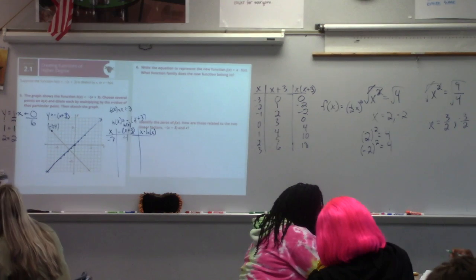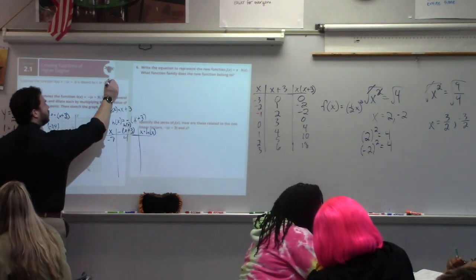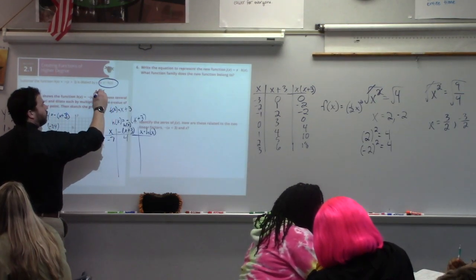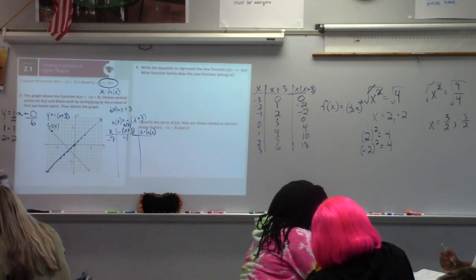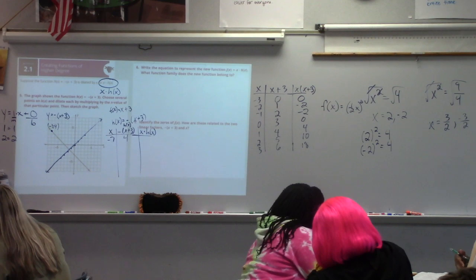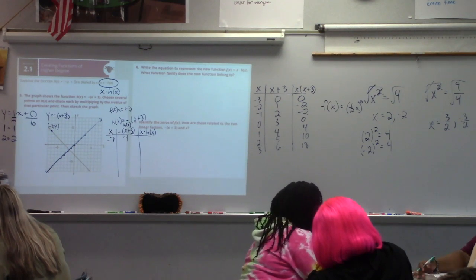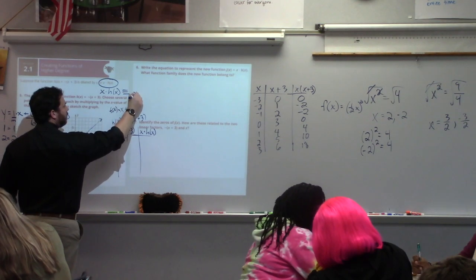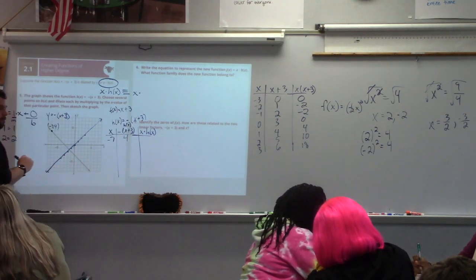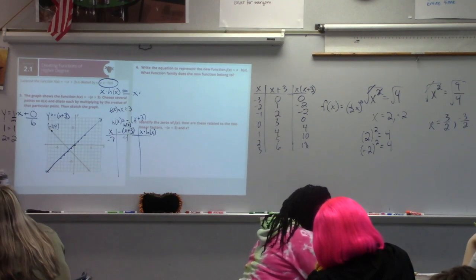But remember, they also gave you very clear instructions up here. What's another way to write x times h of x? Dilate by x. Well, but it's h of x. It's the function h.